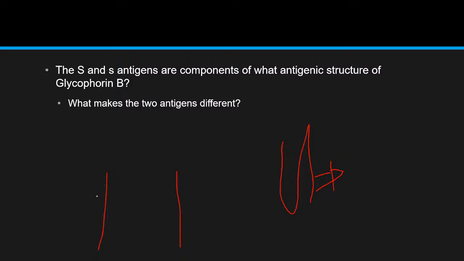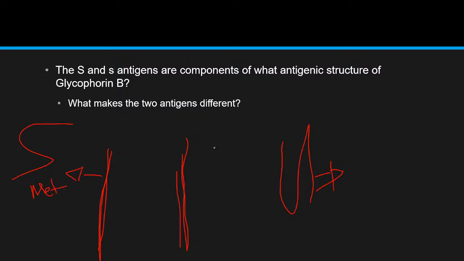What makes them differ is that for the big S, the glycophorin B structure, or the U antigen, has methionine at a portion of the stalk.